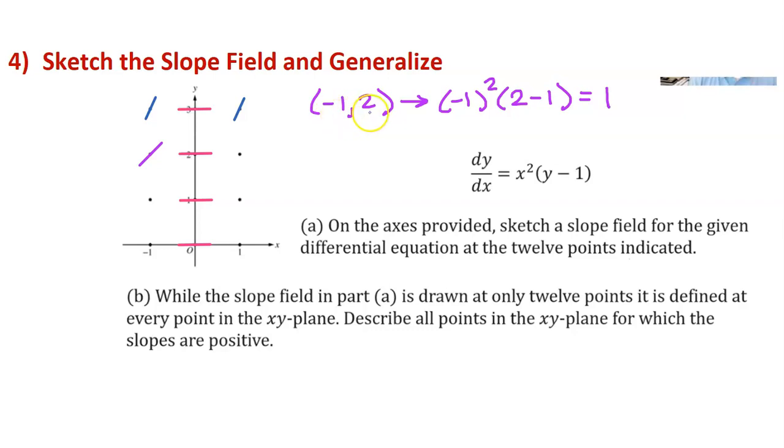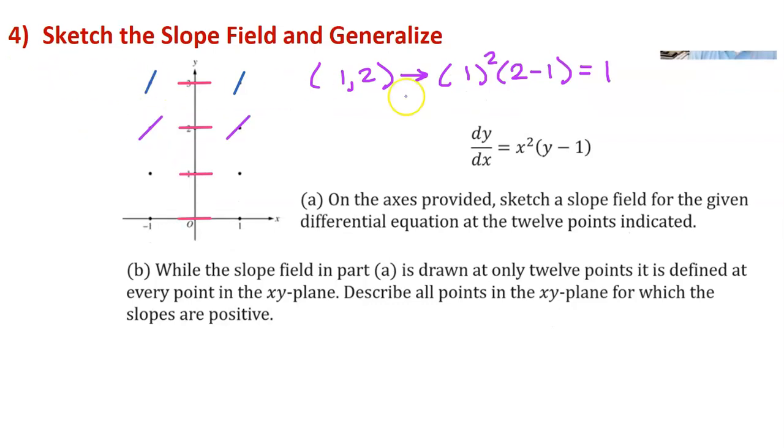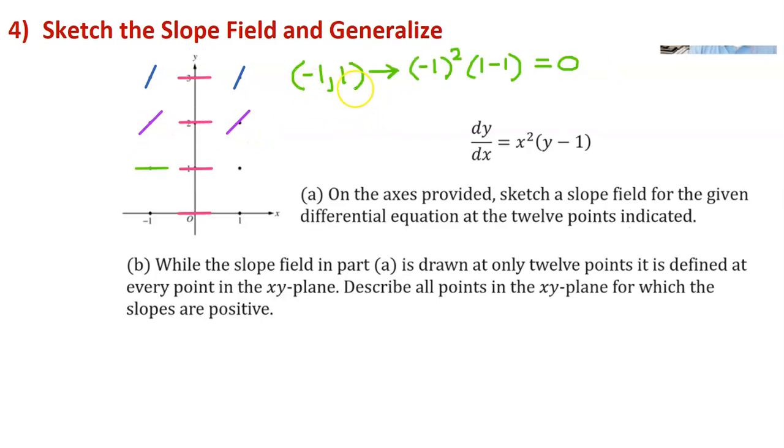At the point (-1, 2), the slope is 1, so we should see an increasing slope at a 45-degree angle. This should look not as steep as this one. At the point (1, 2), the slope is also 1, so these should look the same. At (-1, 1), the slope is 0, so we should have a horizontal segment here.